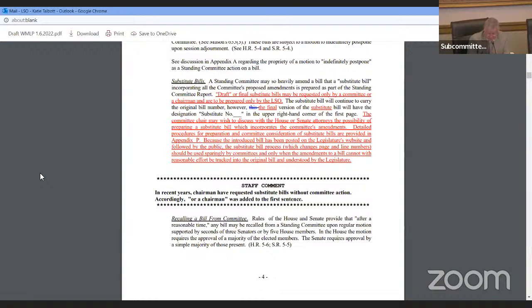The manual used to say a committee can request it, but in practice, we've always allowed just the chairman to come down and say, Dave, I need to do a substitute bill. And this just puts in practice how we do the substitute bill, Mr. Chairman. And again, there's an appendix which goes through the substitute bill process in more detail.